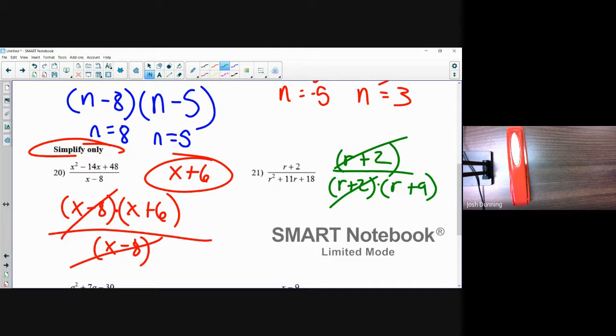But that r plus 9 is on the bottom. It can't magically just jump up to the top. When you have nothing left on top, you can't put 0 there because 0 on top of a fraction just makes everything 0. Again, when you have nothing else left for the top, you fill in a 1.